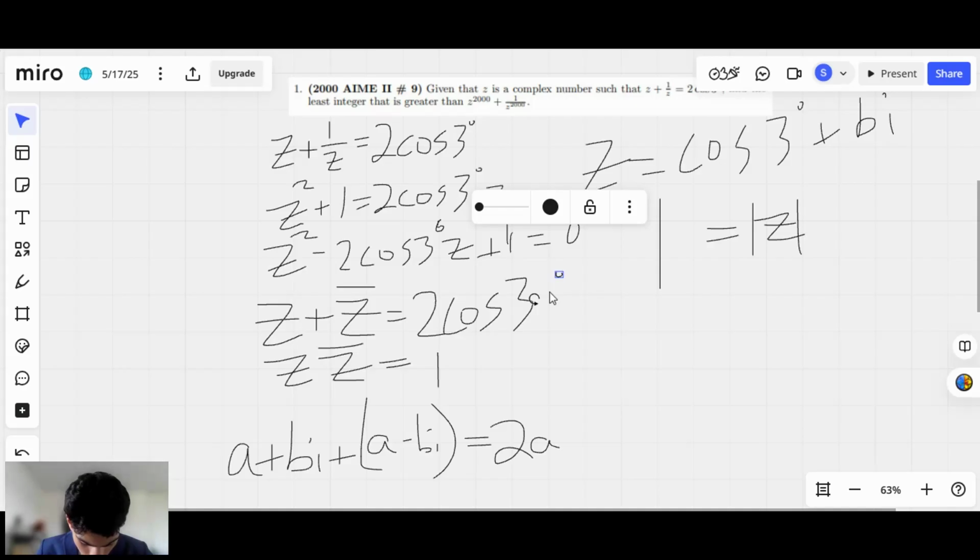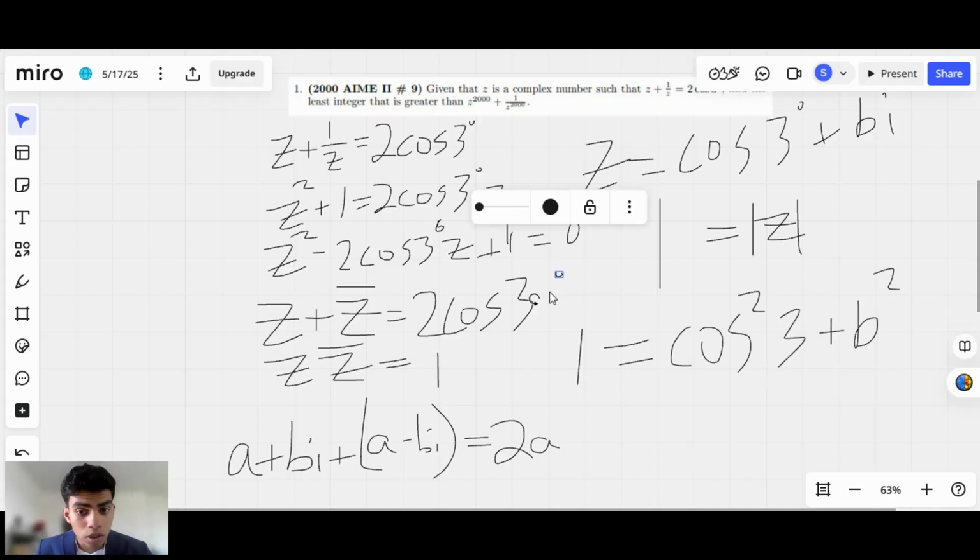So let's take a look at what we had over here. If the magnitude of z is 1, then we can say that 1 equals cosine squared of 3 plus b squared, because that's what the magnitude is.